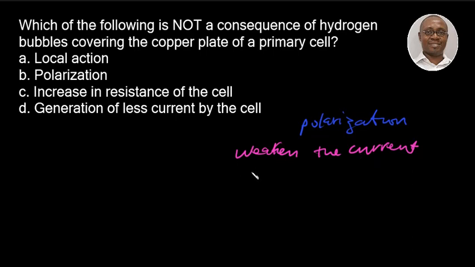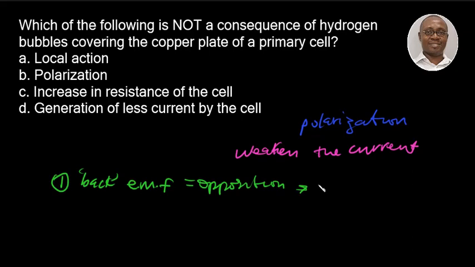The hydrogen layer weakens the current for two reasons. One is that the hydrogen layer sets up a back EMF in the cell in opposition to that due to the copper and zinc.